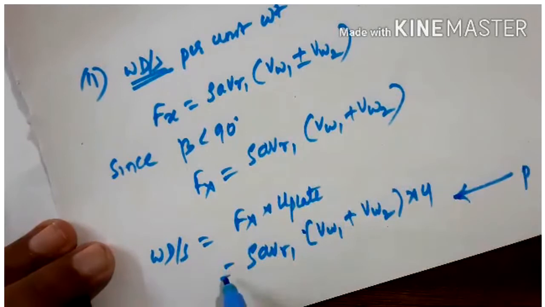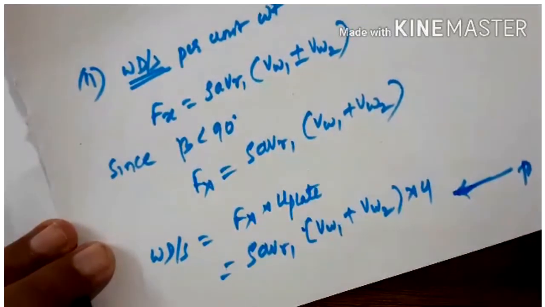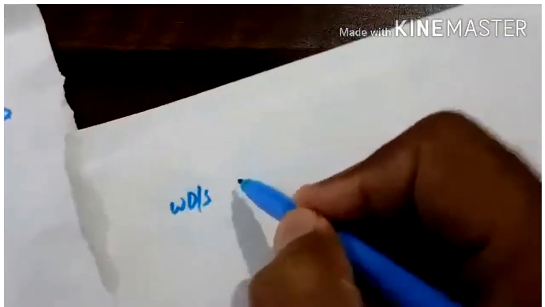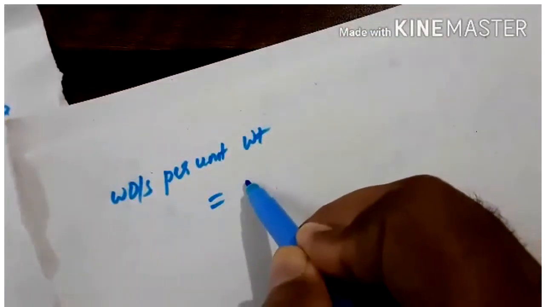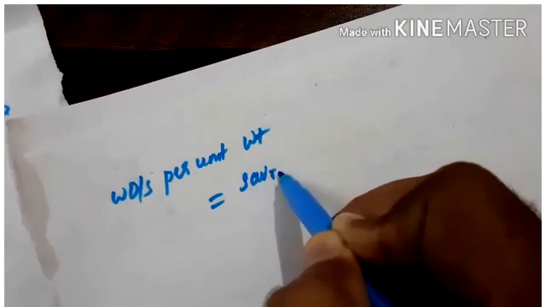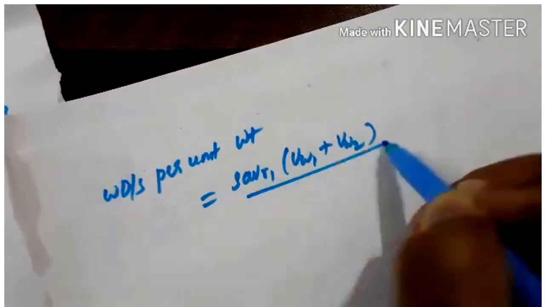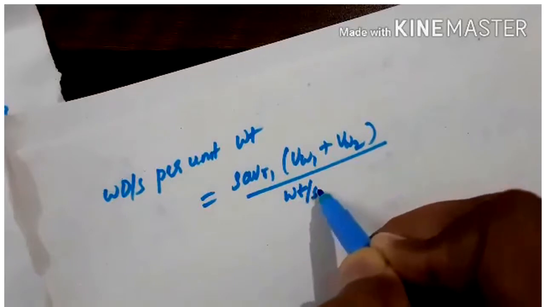This is the work done per second, but we want work done per second per unit weight. So how to calculate per unit weight? That is work done per second, rho A VR1 (VW1 plus VW2), divided by weight per second.